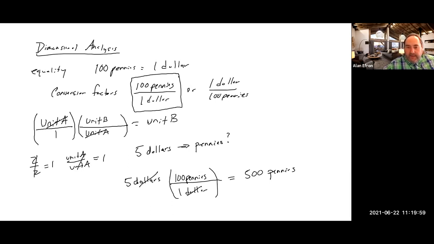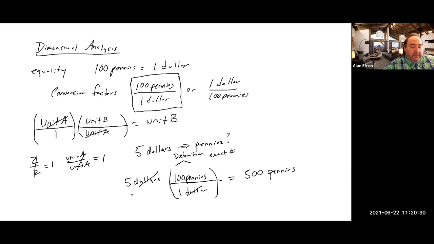Now, a couple of things about this simple example. First off, like I said, this is basically a fraction, even though it's not written as one. With the dollars on top, we do go opposites. We want to think about sig figs for our answer. This is a definition, as we talked about before, which is basically an exact number, which means in most cases we do not worry about it in terms of significant figures.